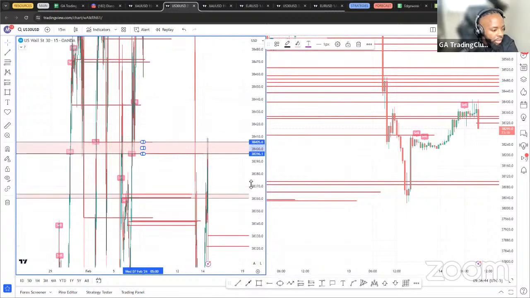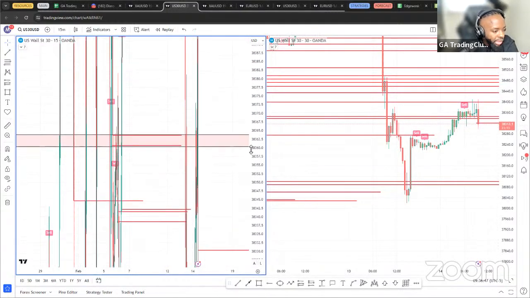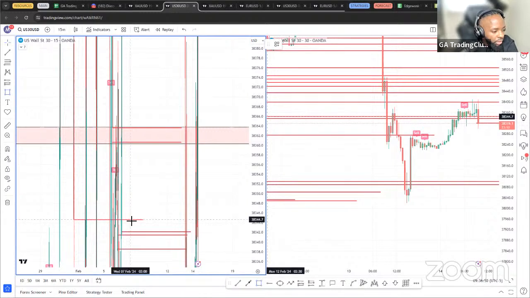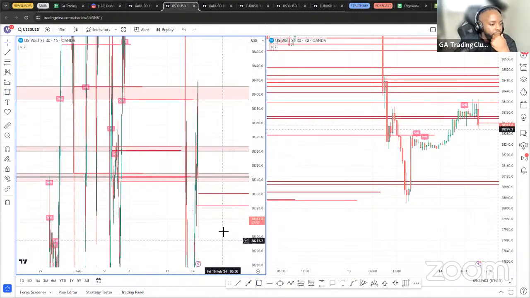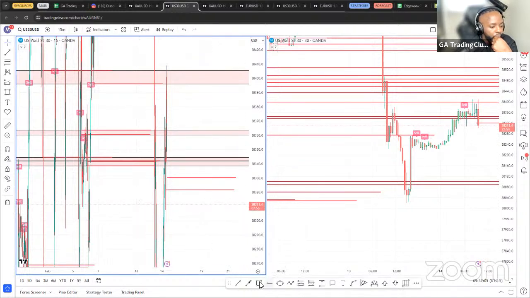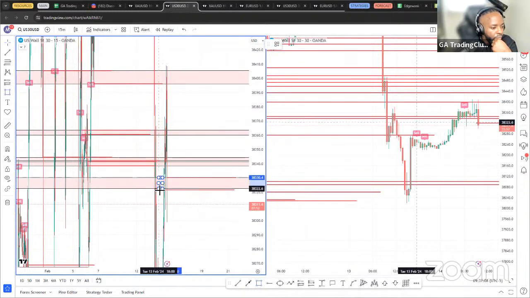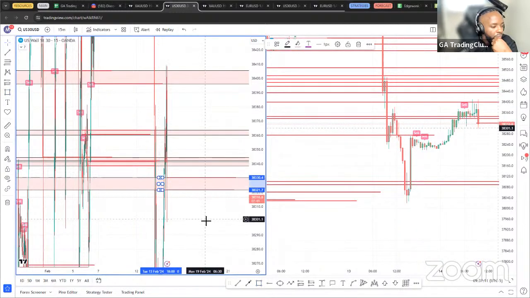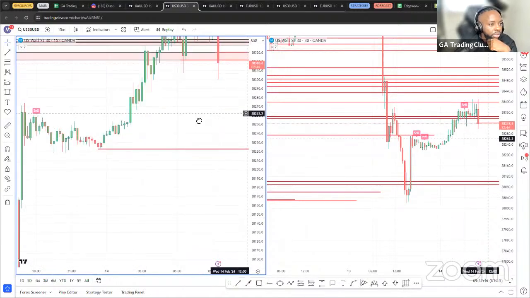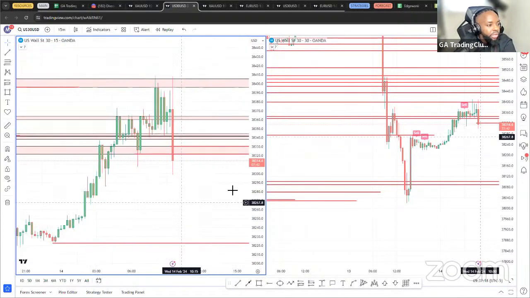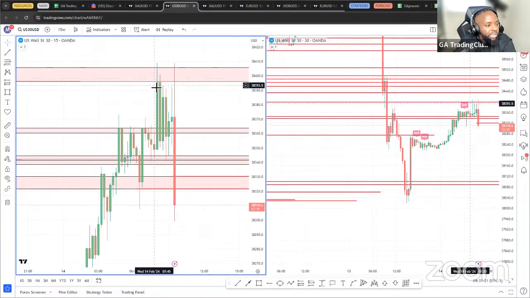So we have these sell SAR regions. So you can see up here, we had a test and rejection entry.